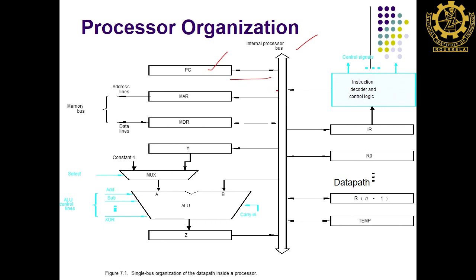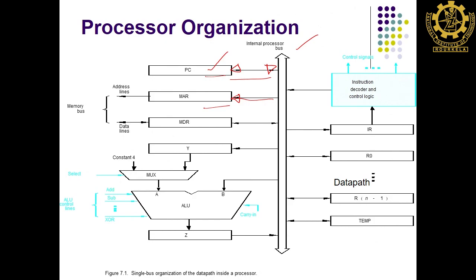As you can see, there is only one arrow there, but in the case of the program counter it is both ways. Why is it both ways?